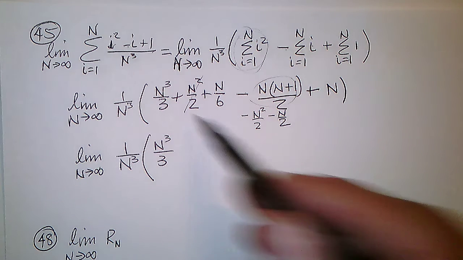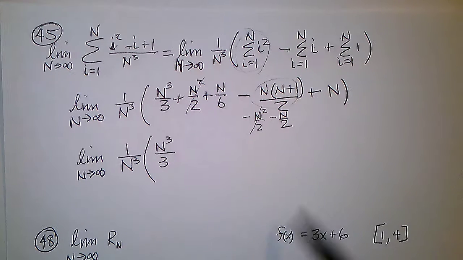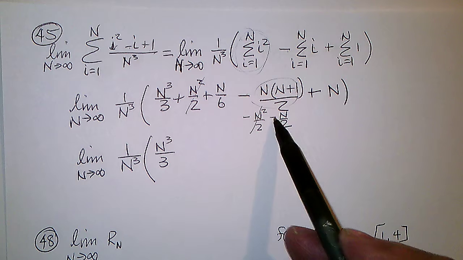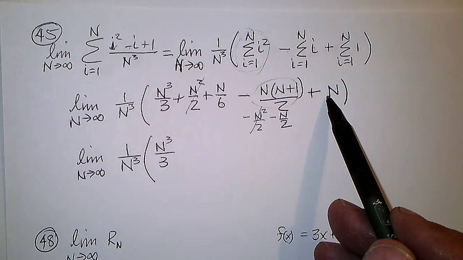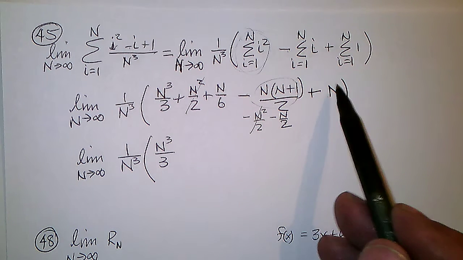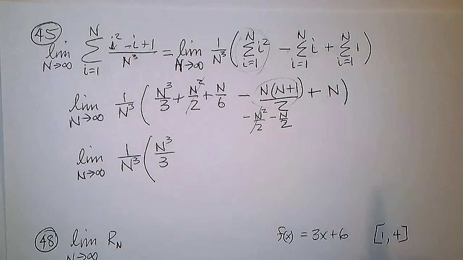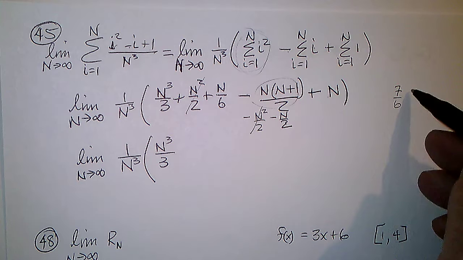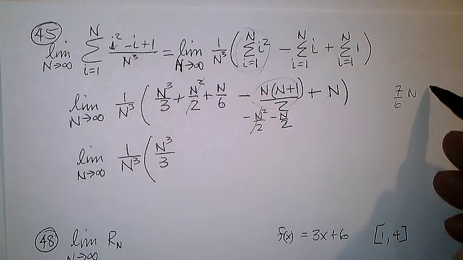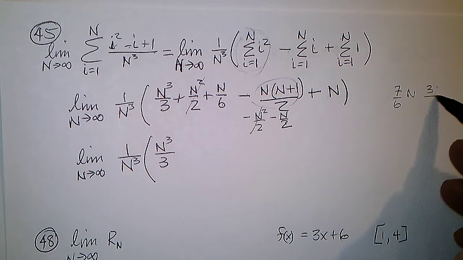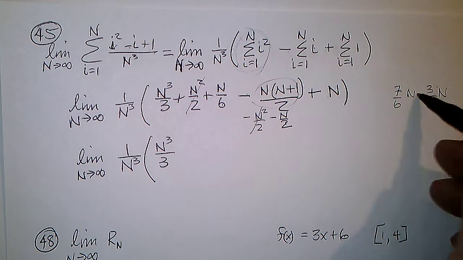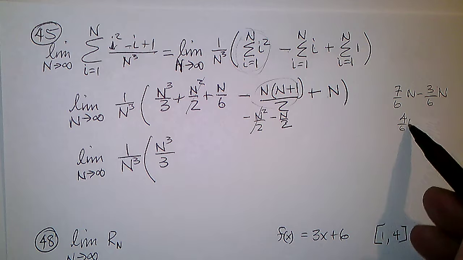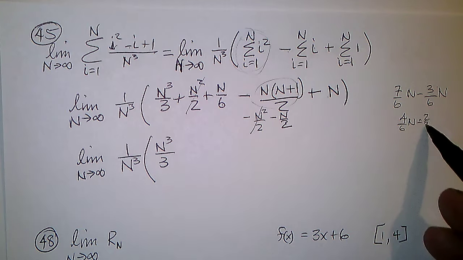Then I have a sixth of n minus a half plus 1. So I have 1 and a sixth minus a half. 1 and a sixth is 7 sixths n minus a half, which is 3 sixths n. So I end up with 4 sixths n, or 2/3 n.